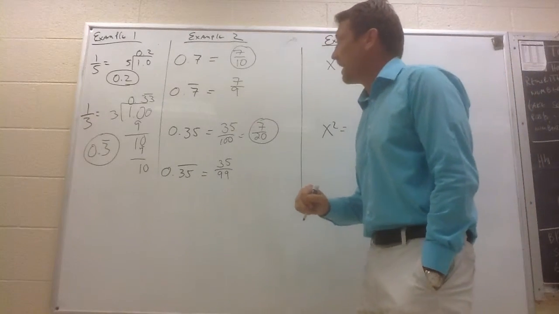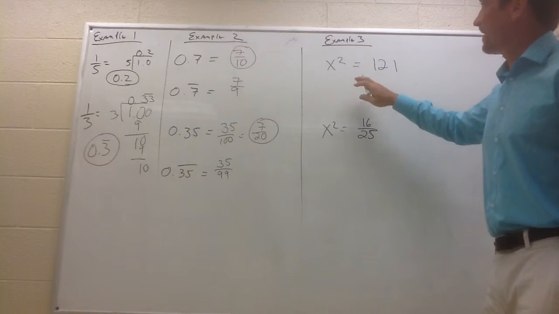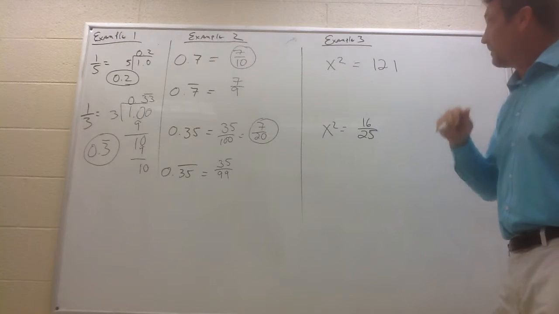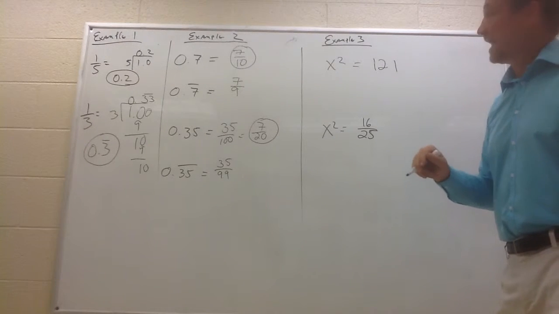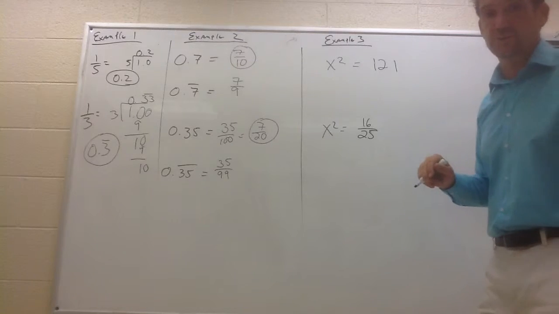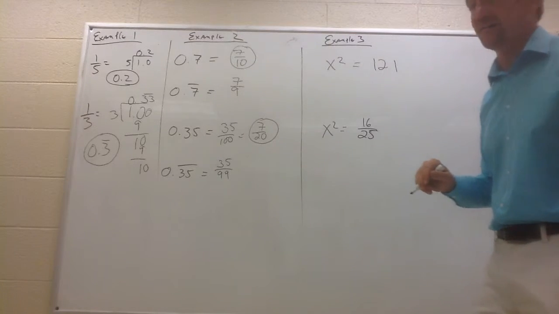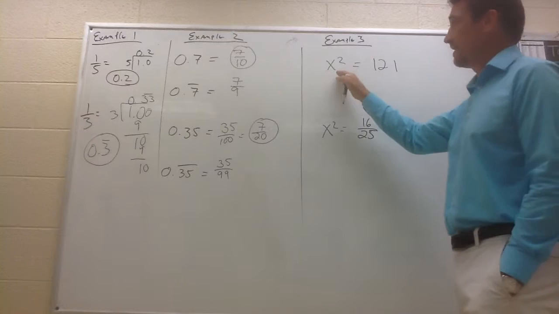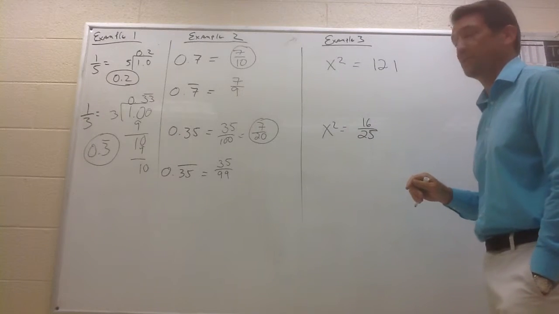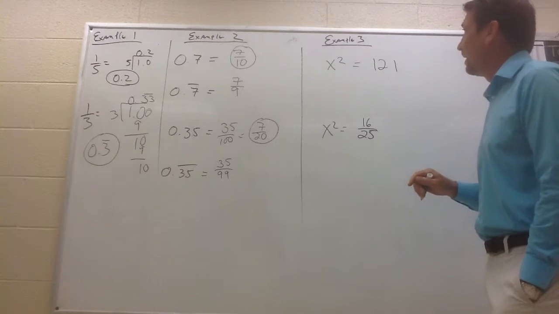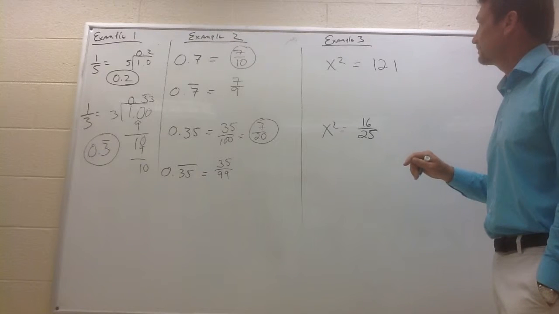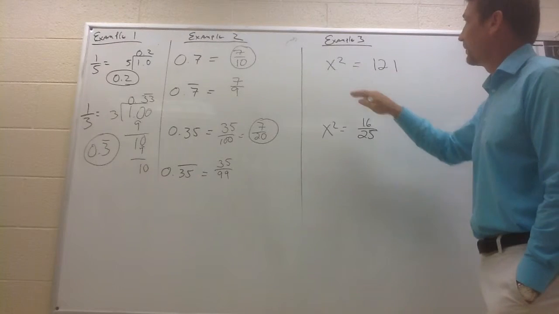Last thing we're going to have to do today is find square roots. Now remember, any positive number has two square roots, a positive one and a negative one. Definition of a square root is a number multiplied by itself. So here we go.